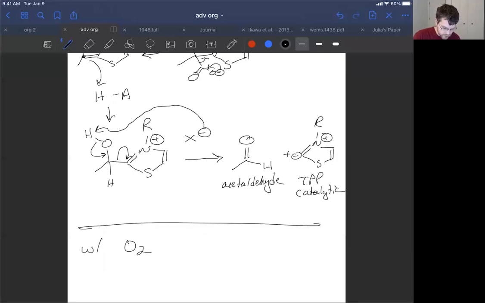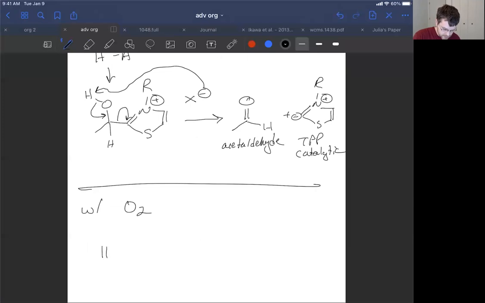With O2, you take this species that we just had, adducted to our TPP ylide, and instead of making acetaldehyde, you take CoA-SH and make acetyl CoA.